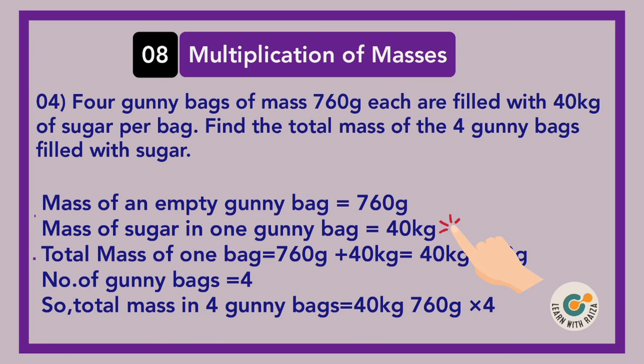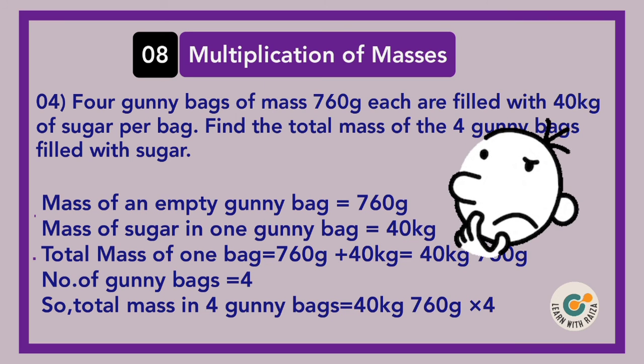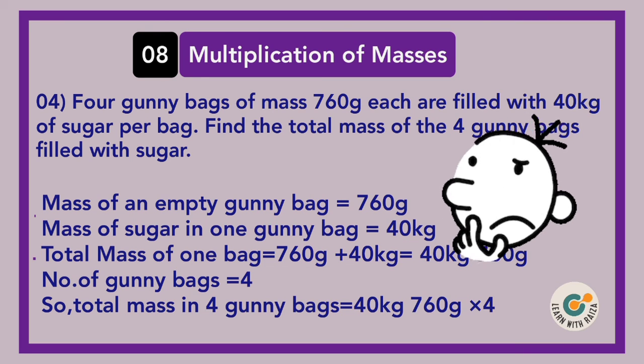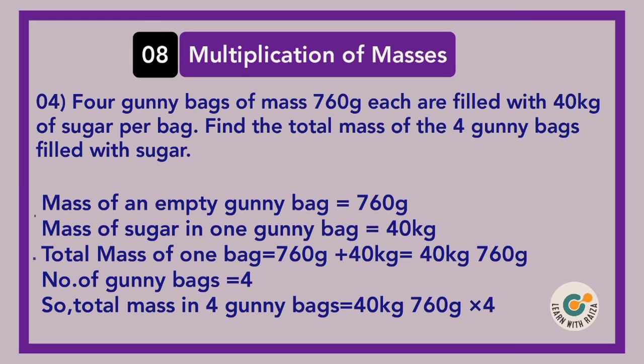Sugar in one gunny bag is 40 kilogram. So the total mass of one bag is 40 kilogram and 760 grams. So we have 4 gunny bags here. So if you want to find the total mass, you have to multiply 40 kilograms 760 gram by 4.